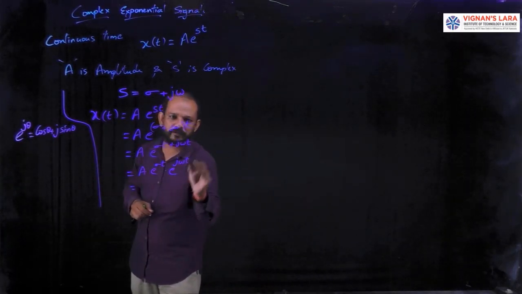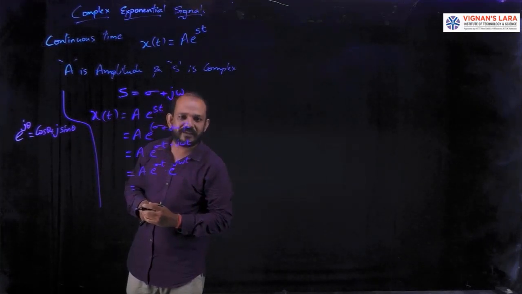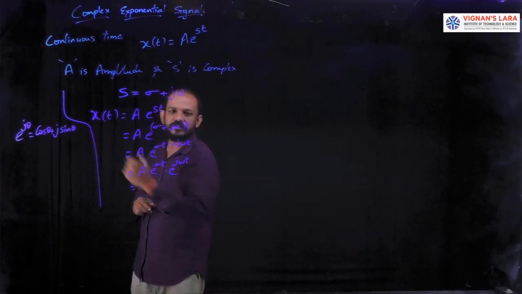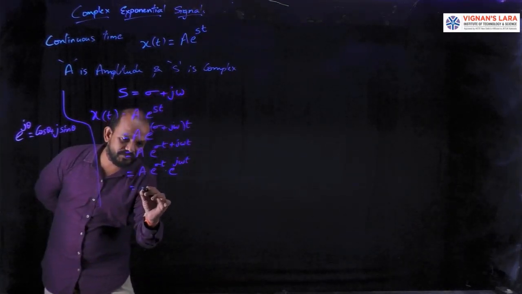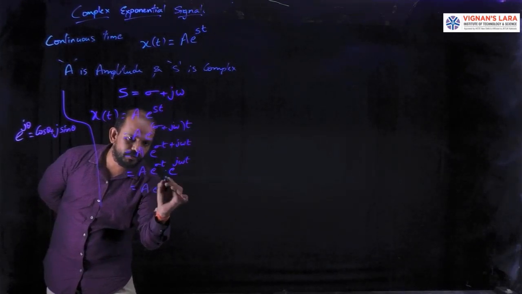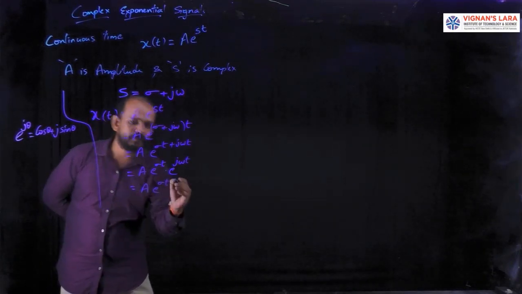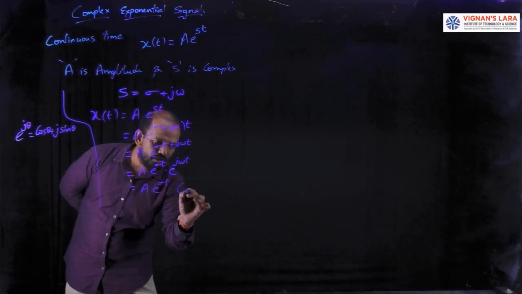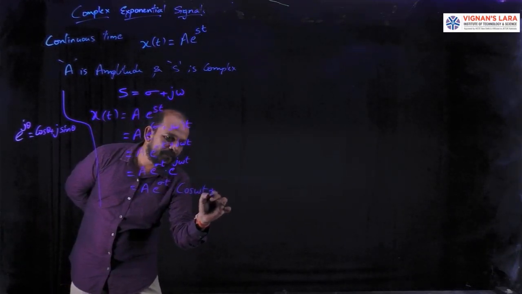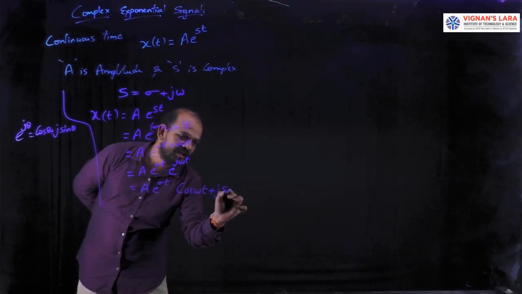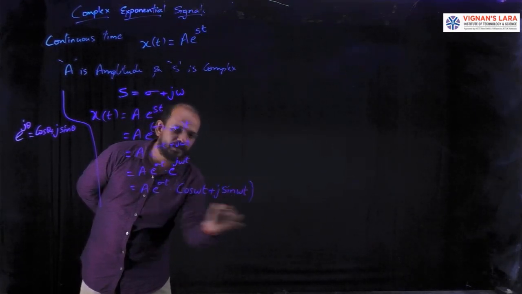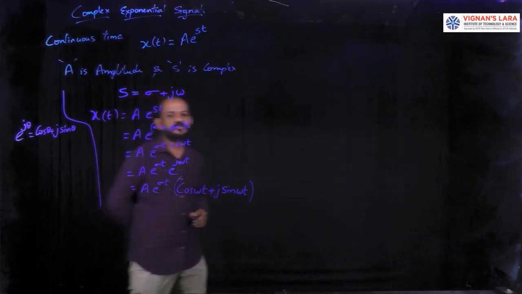So this equation becomes A into e power sigma t into (cos omega t plus j sin omega t).